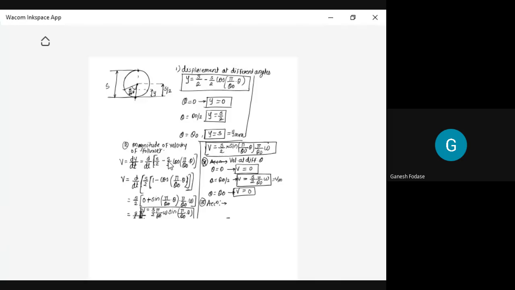Yes. Determine the acceleration. Just take the derivative of velocity. Yes, anyone?